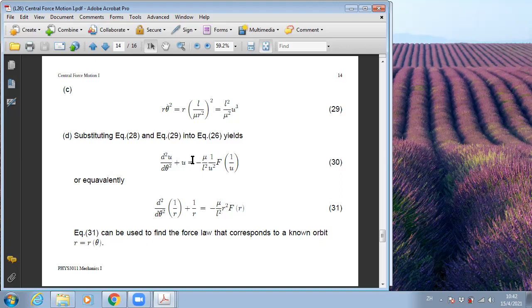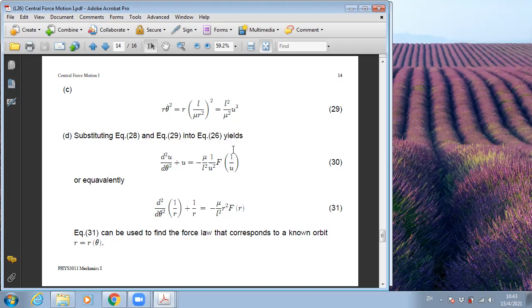On the other hand, if you don't want to do the integral, you can come back to this equation 30 or equation 31, as you like. And the inverse square law tells you that the right hand side of this equation 30 is a constant. Okay, so we have a second order differential equation. To solve this second order differential equation is not difficult.